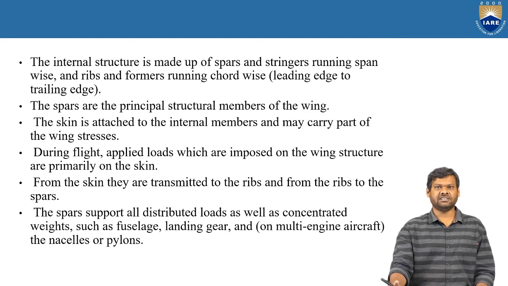But when you take the case of multi-engine aircraft, the engines are installed on the wing structure, and this wing structure should carry, that is the ribs and the spars should carry, all the weight of the fuel tanks and power plant and weight of the structures.